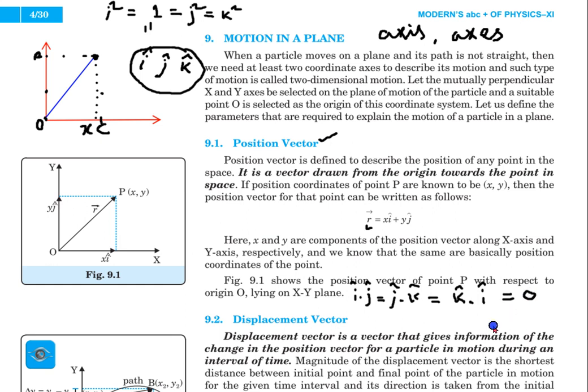This gives 0. I dot j, j dot k, k dot i, or i dot k, k dot j, or j dot i gives 0. Remember this one.